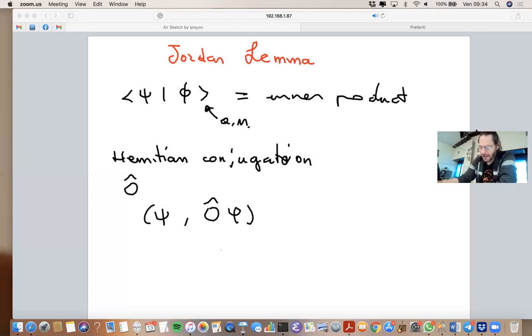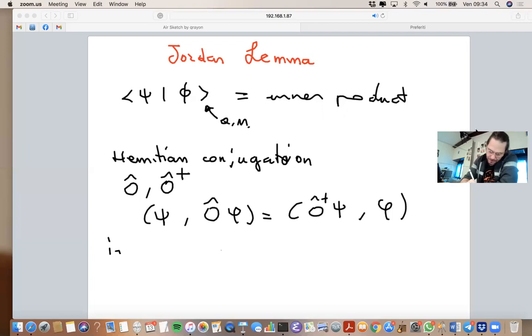Now, I define another operator, O dagger, such that if I let the second act on the left and take the inner product with phi, I get the same result. So in general, O is not equal to O dagger.